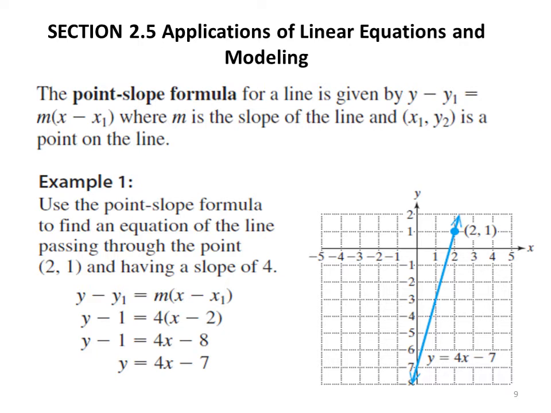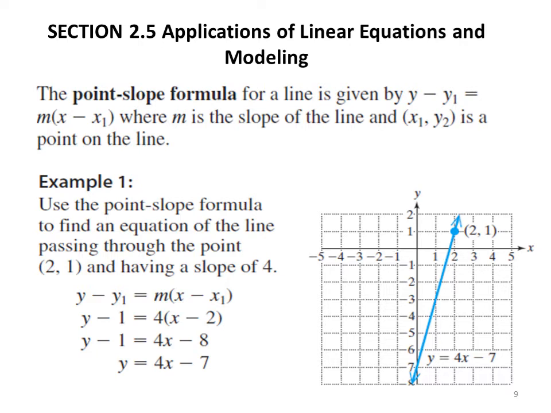In fact, this formula will enable you to write the equation of a line. If you know one point on the line and you know the slope of the line, you can use this formula to write the equation of the line. This is called the point slope formula. It is y minus y1 equal m times x minus x1.